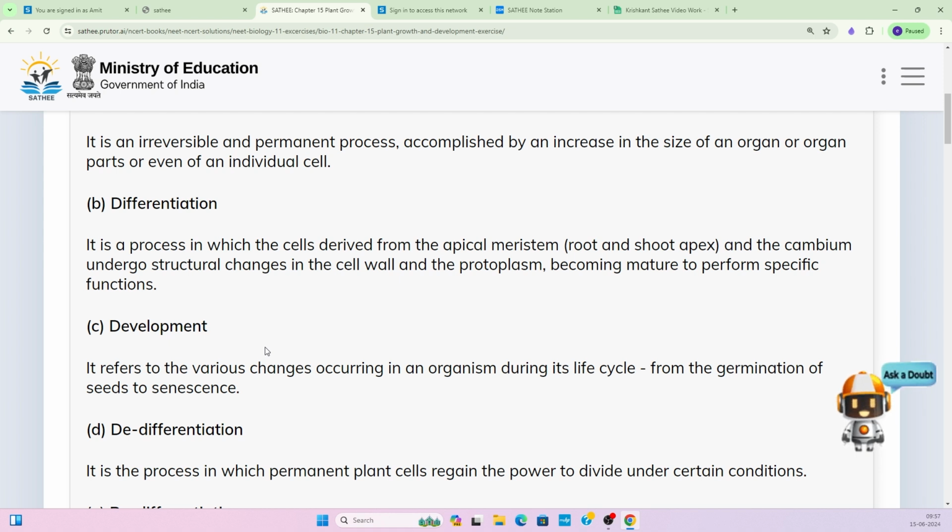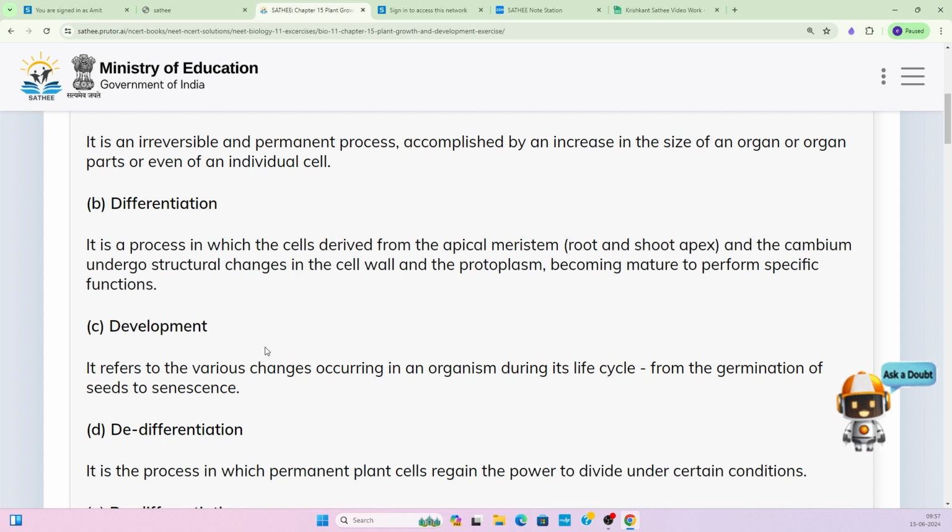So what is occurring in this process? The apical meristem divides and redivides and forms new cells. So the new cells are derived, right? And the cambium is doing the same thing. The cambium layer that is present in the vascular bundle divides and redivides and forms new cells, right?